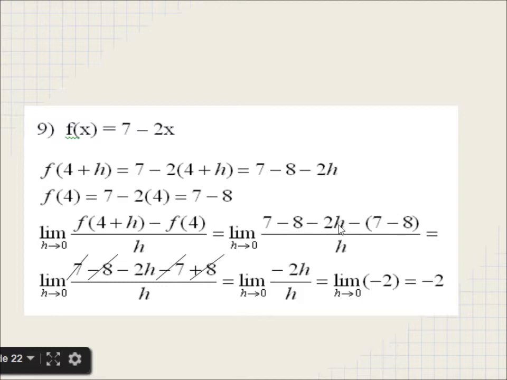We can cancel 7 minus 8 with minus of 7 minus 8. These two get cancelled. Minus 2h is the remaining, minus 2h by h, and both the h get cancelled, so the value is minus 2, because the limit of a constant is always the value which it is denoting. So this is how we calculate.